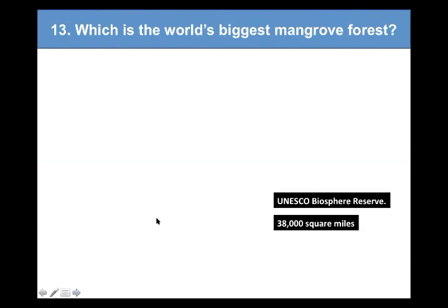Which is the world's biggest mangrove forest system? We know the mangrove ecosystem is spread throughout the world. You will find it in North America, South America, Africa, Southeast Asia, and the Pacific Islands; wherever in the world, all the coasts are guarded by the mangrove forest system.